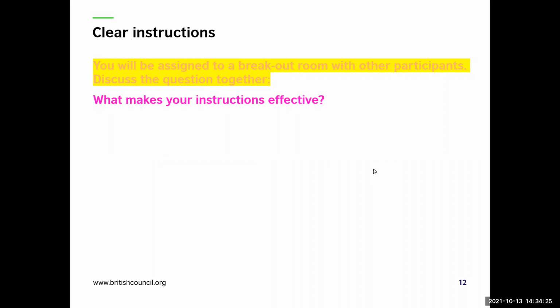We were sent into breakout rooms, but I cannot hear my friends talking. What's the problem? You should be able to just unmute and speak.